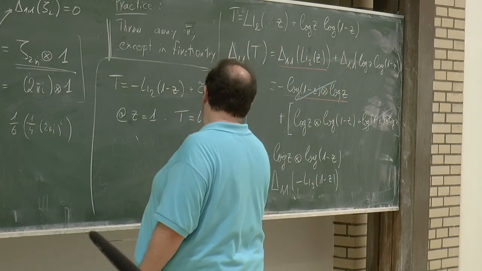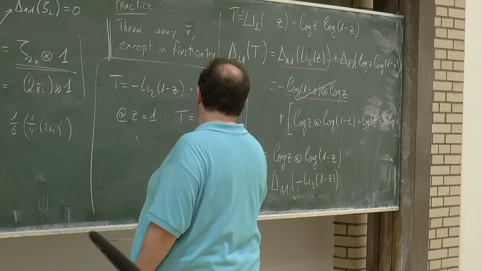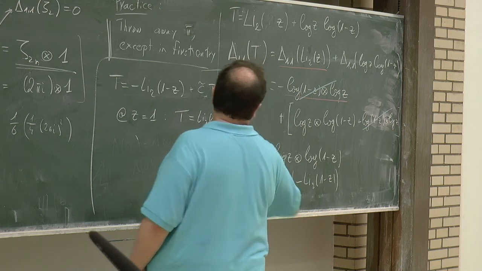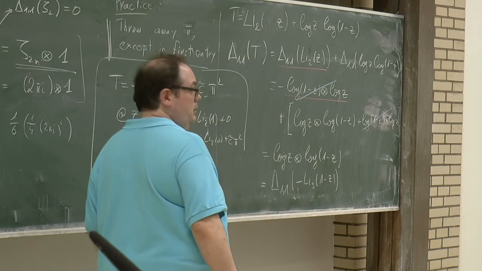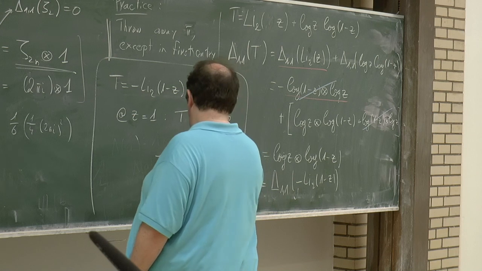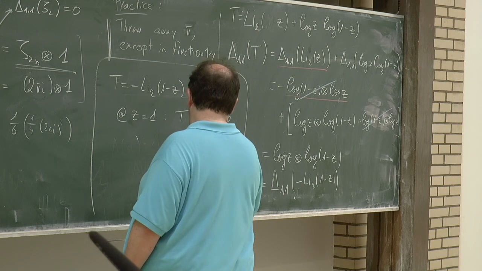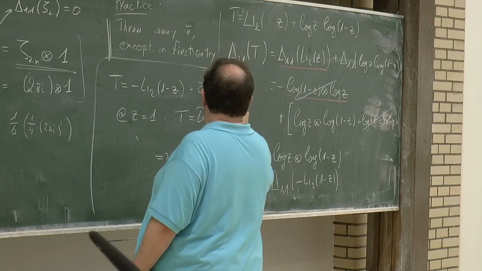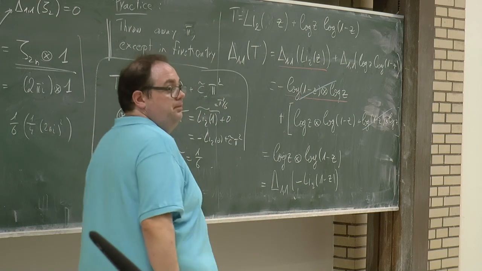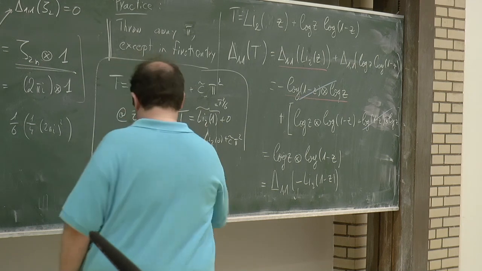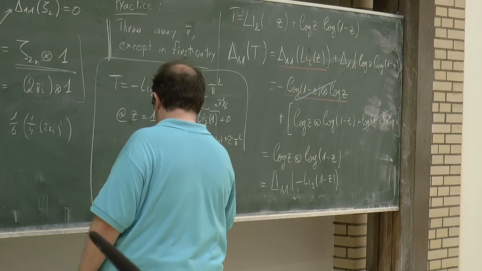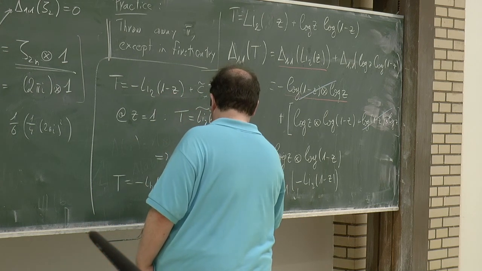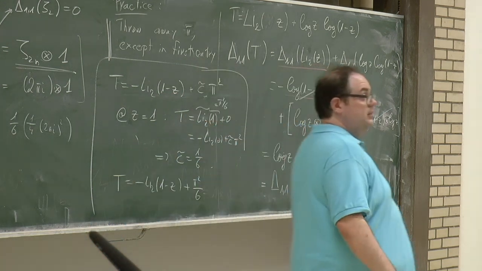From the second line, I get that this is minus V2 of 0 plus C tilde pi squared. So if you compare this, you find that C tilde is actually 1 over 6. This is pi squared over 6, zeta 2. So I found that T is actually minus V2 of 1 minus z plus pi squared over 6.